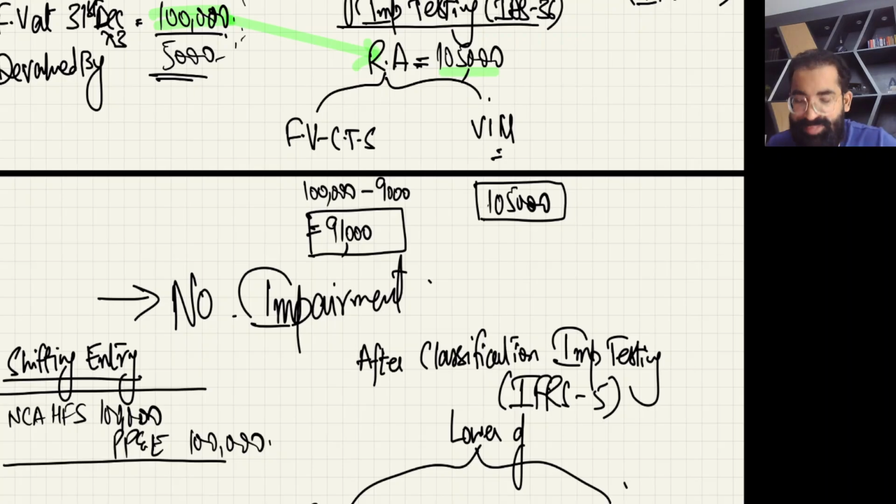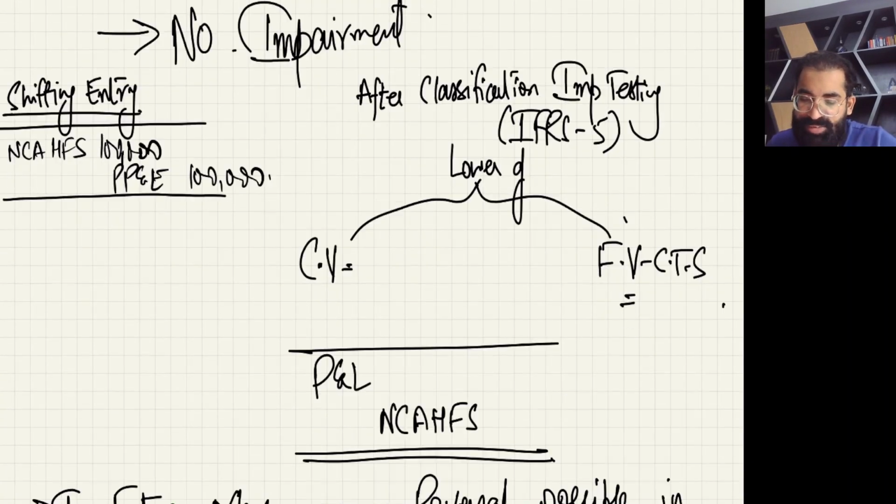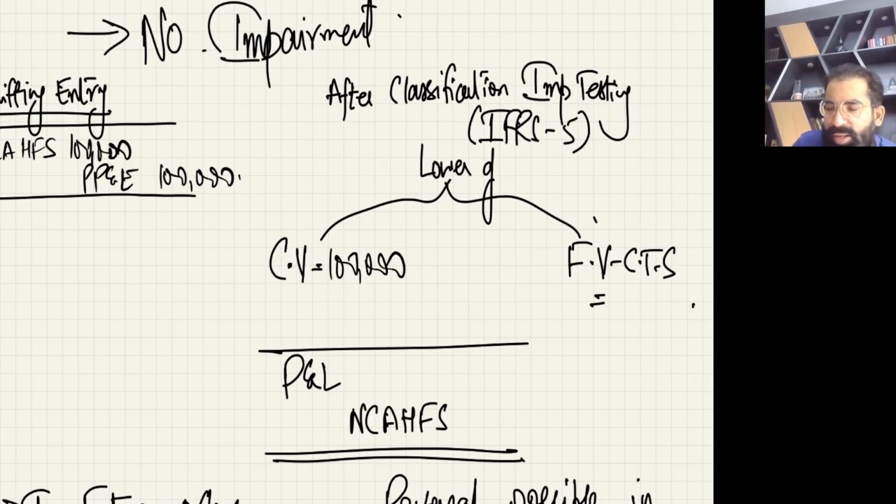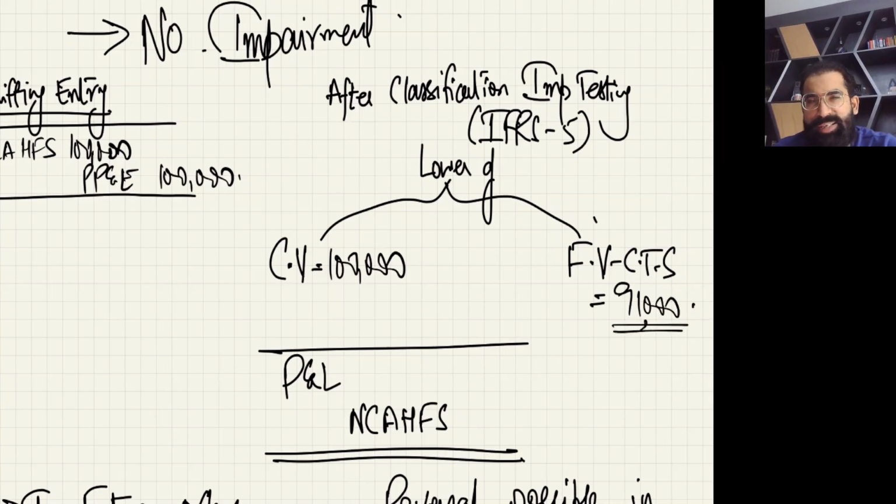IFRS 5 is very simple. It always says one line: record the asset at the lower of carrying value, which is 100, and fair value less cost to sell, which is 91.